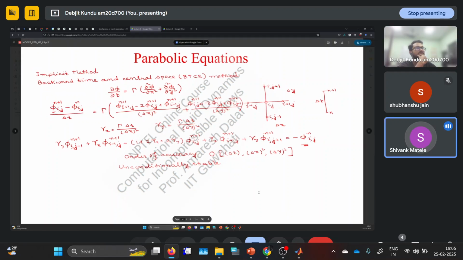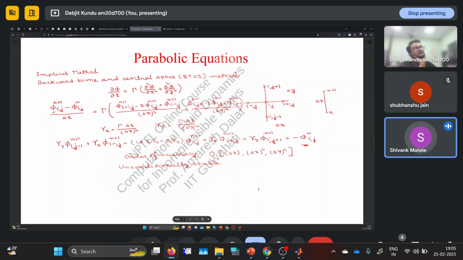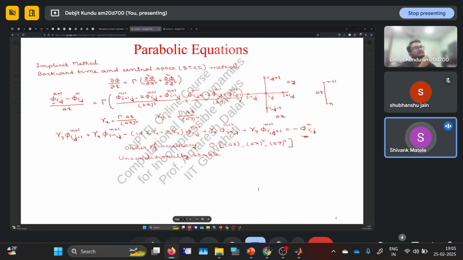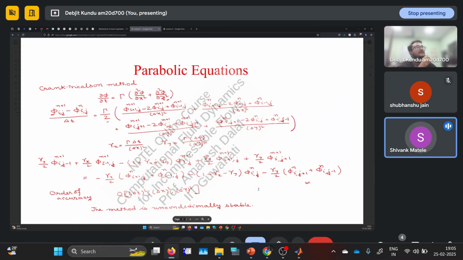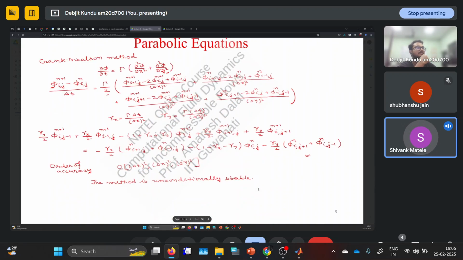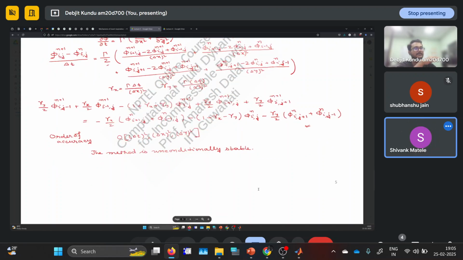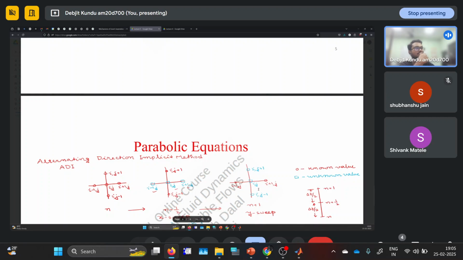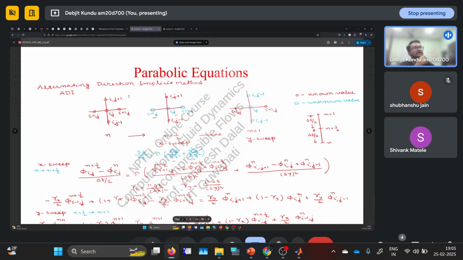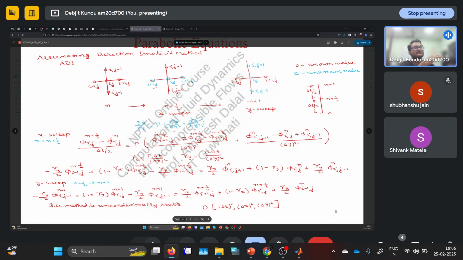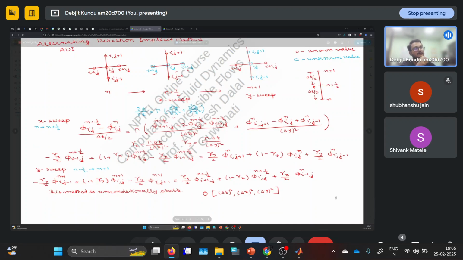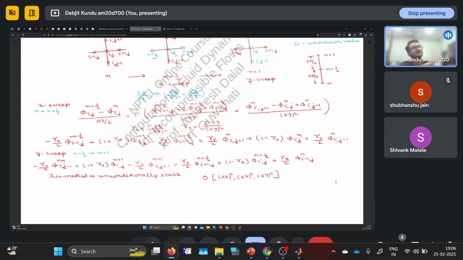To solve this, we tweak the method a little bit and do it direction wise. We do X first, then Y. That's what the alternating direction implicit method is. And that gives us two different sets of tridiagonal matrices because those are easy to solve. We purposefully do that.